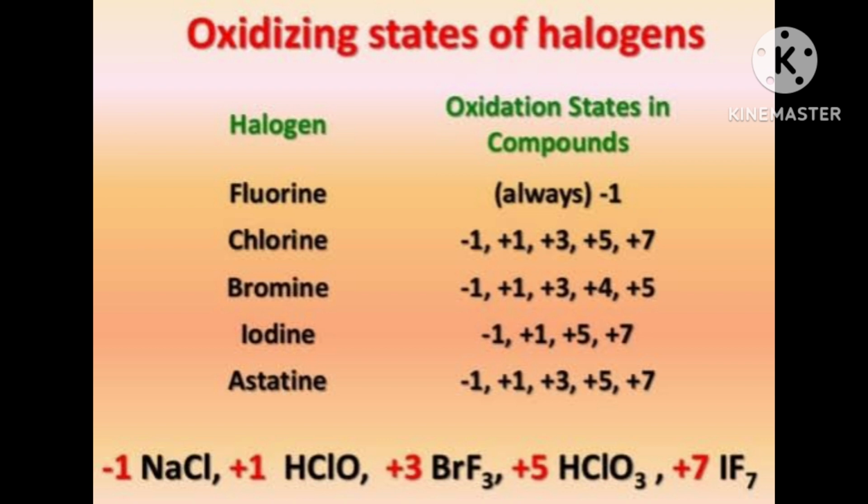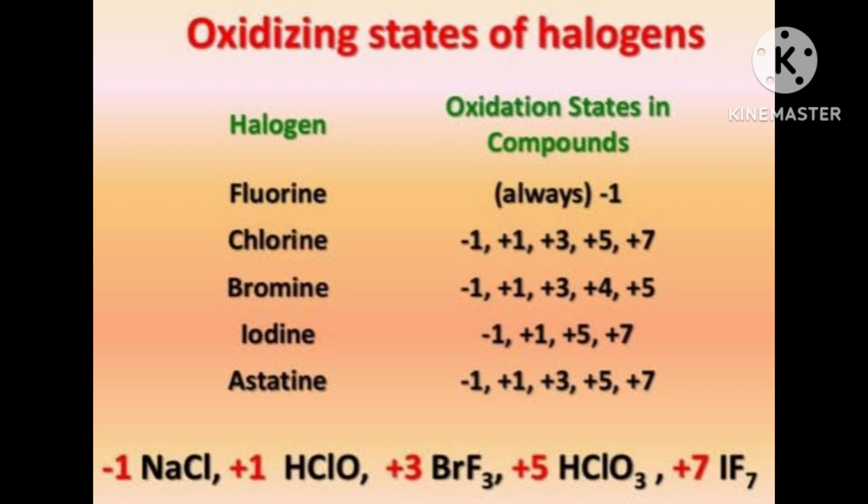Xenon is filled, and after that 4f14, since f has a maximum capacity of 14 electrons, then 5d10, and then 6s2 6p5.